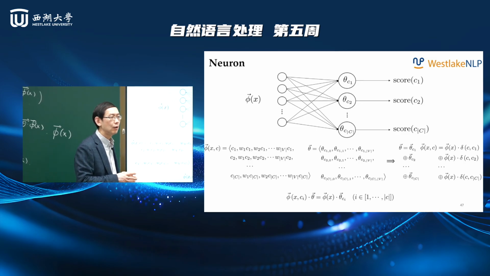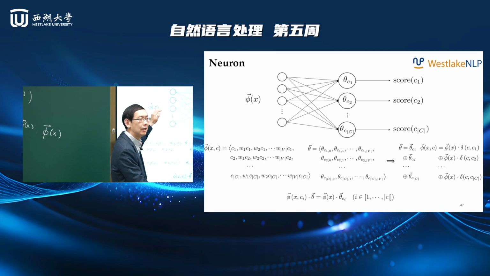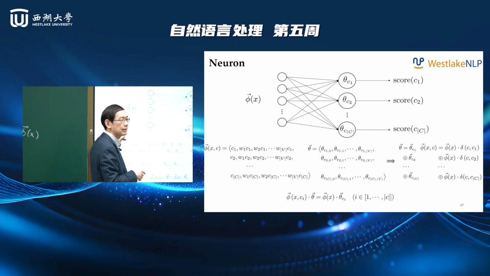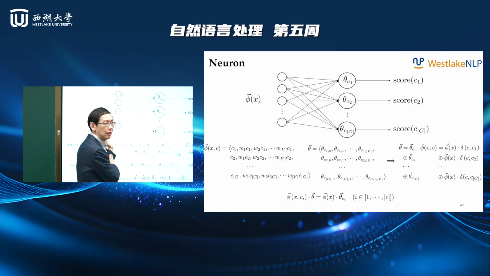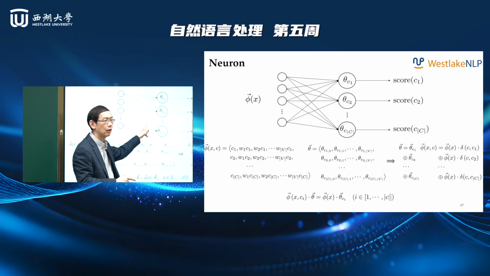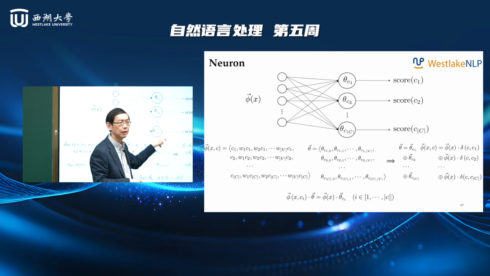But then you say, wait, this is different from what we learned last week. Last week we learned phi xc is the representation, and that times theta is the score of c. Now you say, can I map this to phi x being the representation, and then I have capital C neurons, as many neurons as my class labels, and I calculate a score for every class label here?